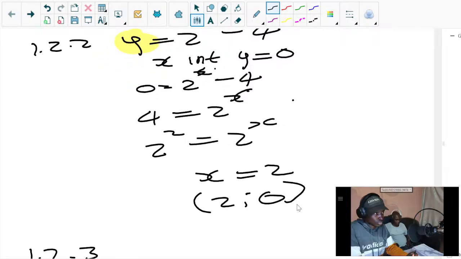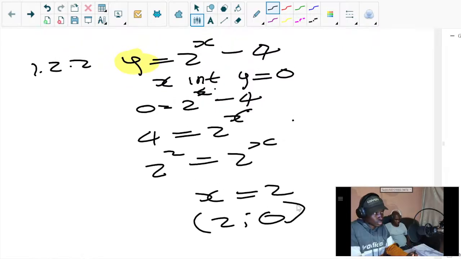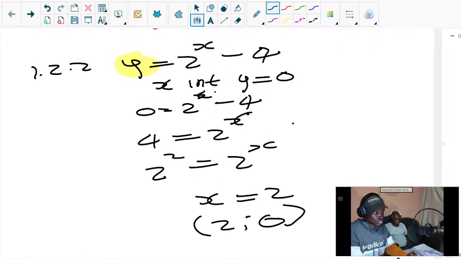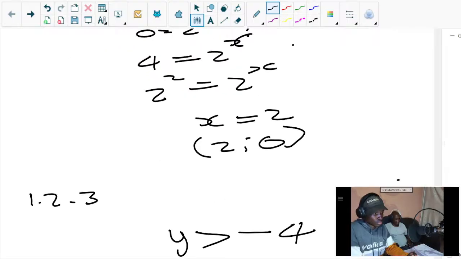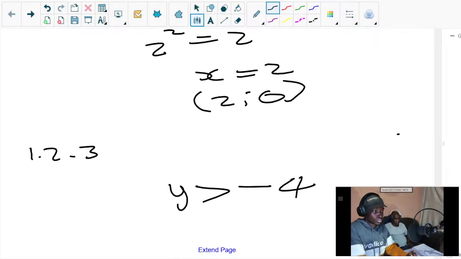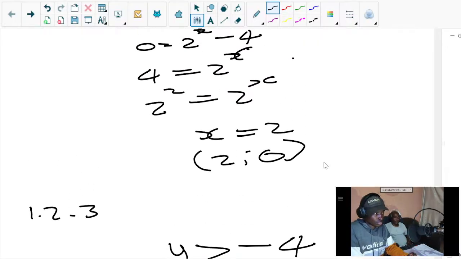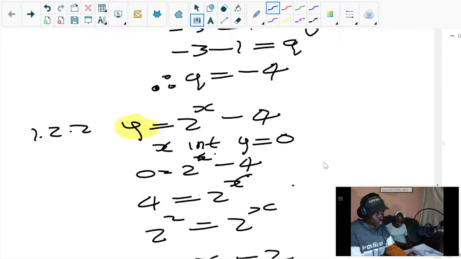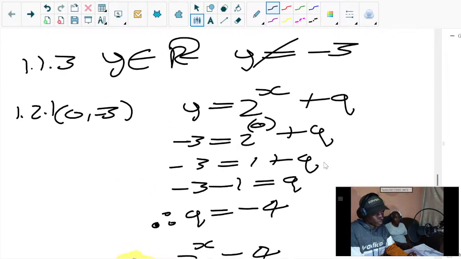Look at the curve, where does it turn? Look at the shift, what did we learn? If it cuts the y-axis, let x be 0. If it cuts the x-axis, let y be 0, be the hero. What's the domain? What's the range? Let's clear the site.